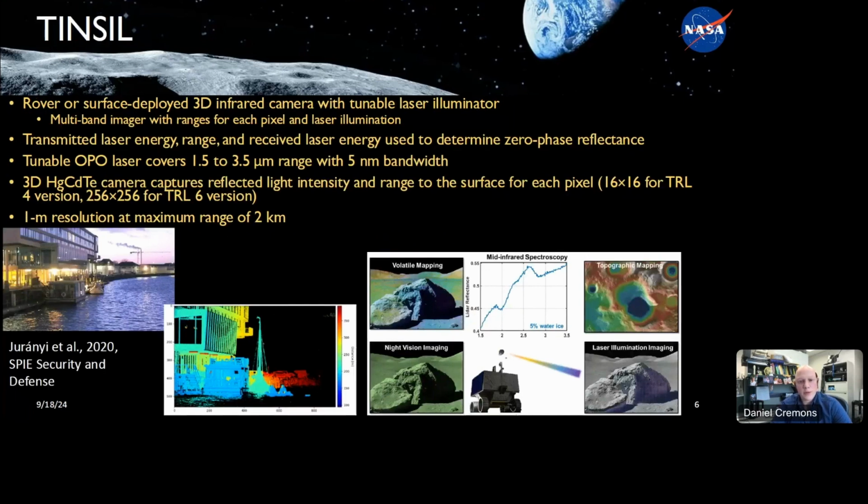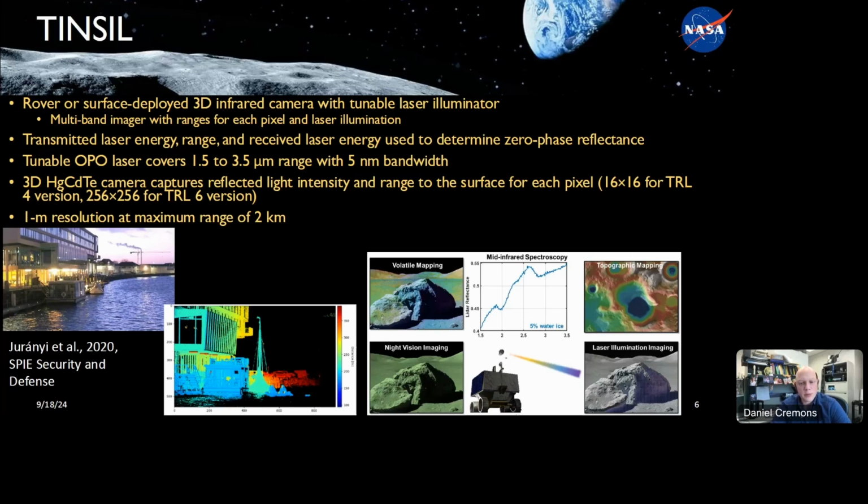Tinsel, although from a science perspective we're making similar measurements, the instrument itself is quite a bit different. So here, you can think about this as a multi-band imager. It's actually a hyperspectral measurement, but it's a 3D camera, so for each pixel in the camera, we also get a range, and we're using a continuously tunable laser illuminator to take hyperspectral images of the surface.